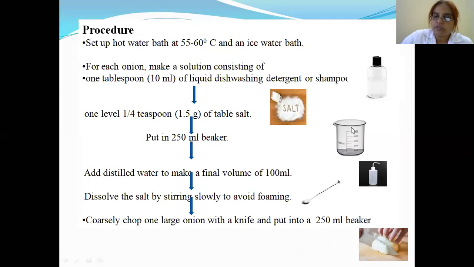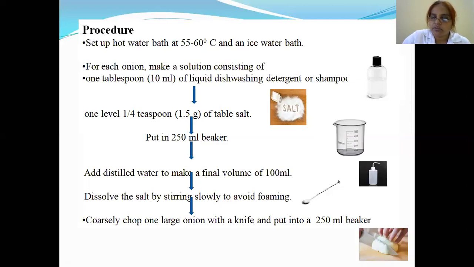Take the beaker. Now add the ingredients one by one. Add 10 ml of dishwashing detergent or shampoo, which should be a clear liquid. Next add the salt, about 1.5 grams or 1/4 tablespoon.